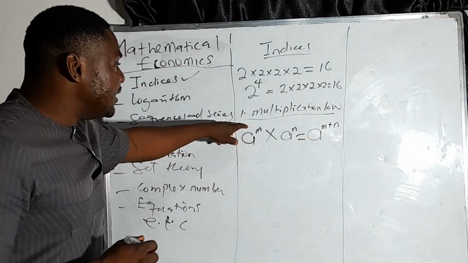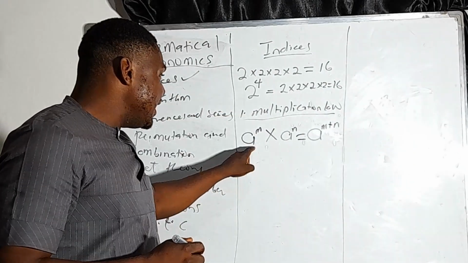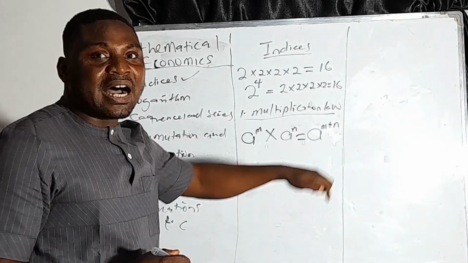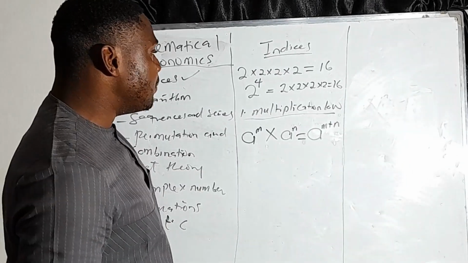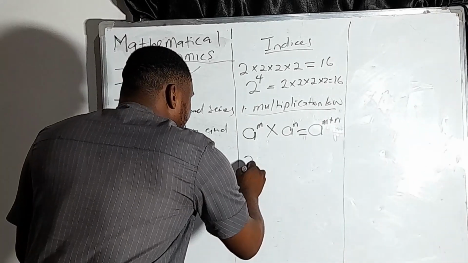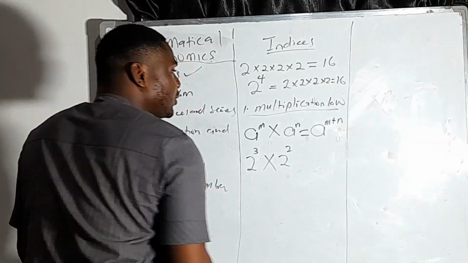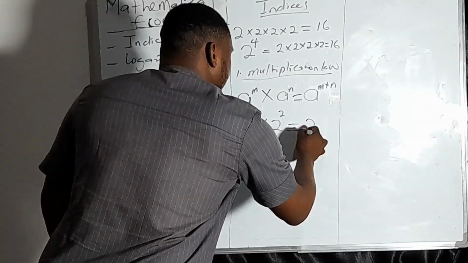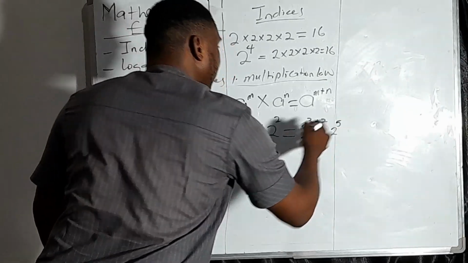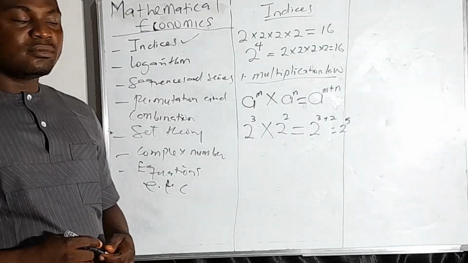Here m and n serve as the power, while a is the base. So you take one of the base, then you add the power. Numerically, if I have 2 raised to power 3 multiplied by 2 raised to power 2, the law says you have 2 raised to power 3 plus 2, and that will give you 2 raised to power 5. That's the multiplication law.